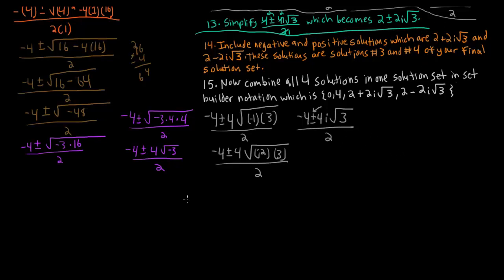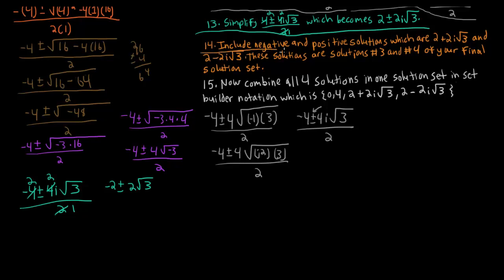We can rewrite the equation: negative 4 plus or minus 4i square root of 3 over 2, and then 2 goes into itself once, 2 goes into 4 twice, 2 goes into negative 4 twice. So we have negative 2 plus or minus 2i square root of 3. We don't need the 1, that's redundant. Which is the same as, well, actually, that's addressed in step 14.